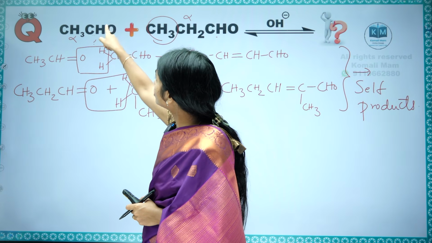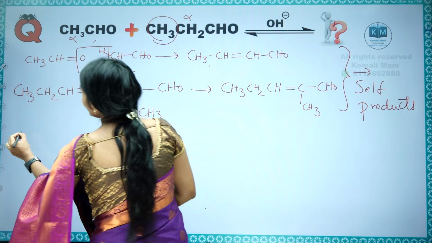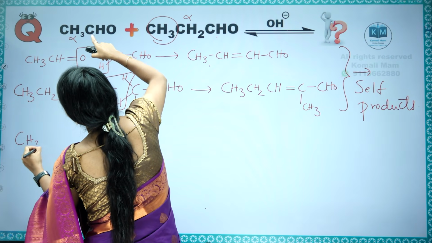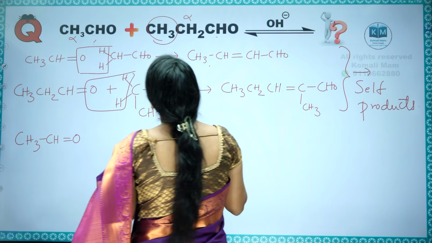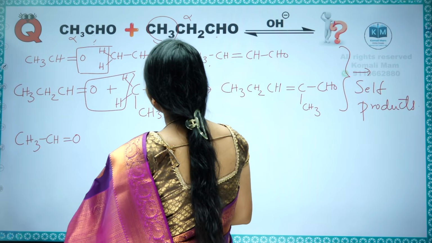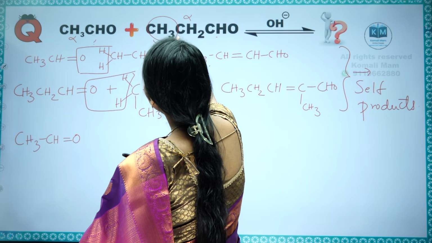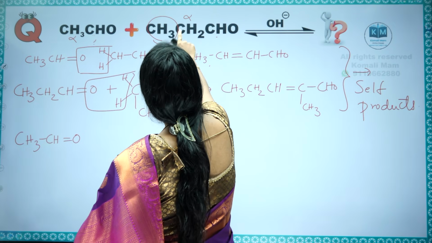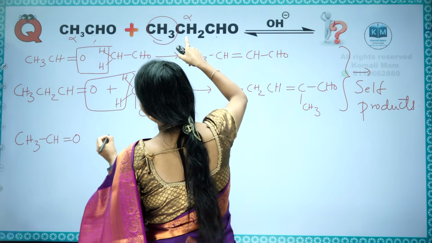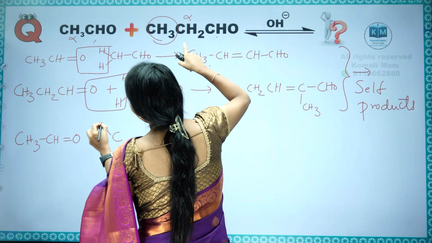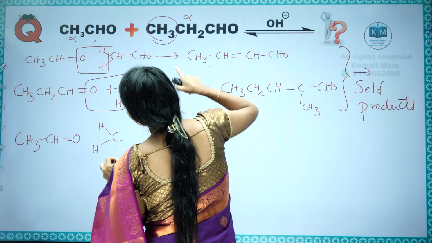Both are aldehydes. So this oxygen I will remove from the first structure. And in the next structure, the hydrogens. Which hydrogens? Alpha hydrogens. So CH2, this is alpha hydrogen.